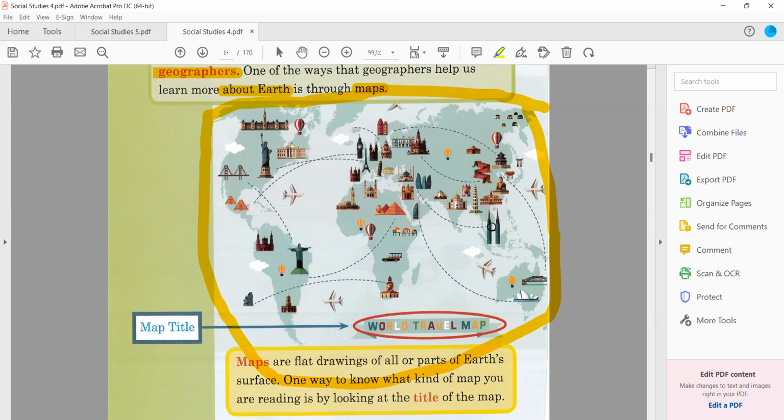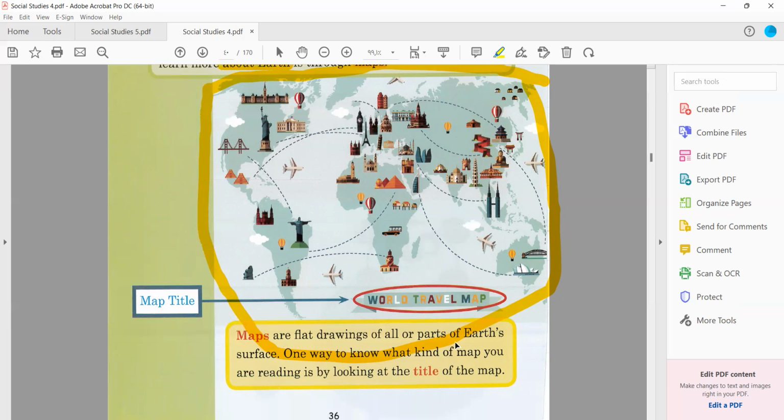We have the Great Wall of China. So this map can refer to the travel map. It shows us the most important and notable statues in the world. This is called the World Travel Map. This is the title of the map, World Travel Map.